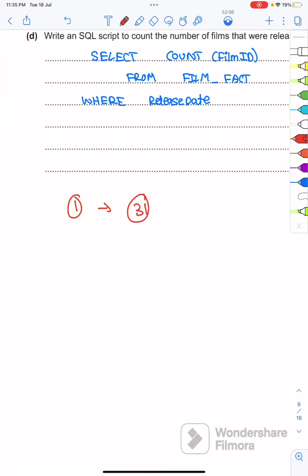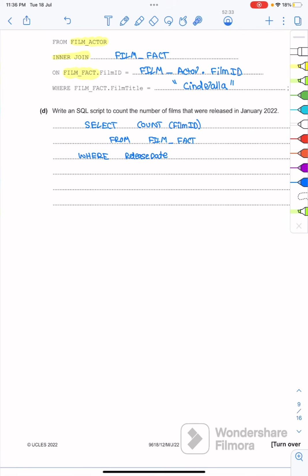So any day from the 1st to 31st on which a film was released in January 2022 is acceptable for us. If it was released on the 1st of January 2022, it's acceptable. 2nd, 3rd, 4th, 5th, and so on until you reach the 31st of January 2022. It is all under the conditions that it has been asked for.